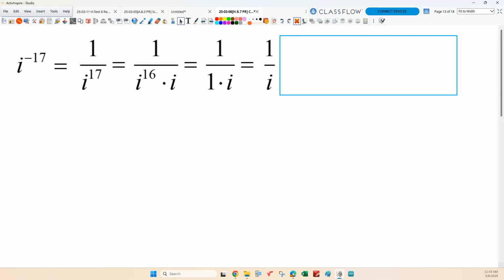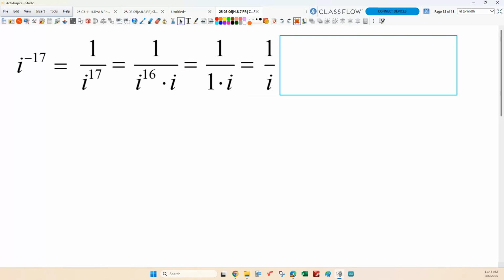Is that a good answer? What do I need to do? Can't have an i in the bottom. Yeah, got to multiply. Well, okay, this one, in this case, it's not really rationalizing because that's not just irrational. It's not even real, right? But we have to make the bottom real.